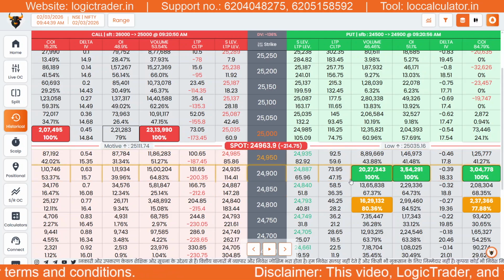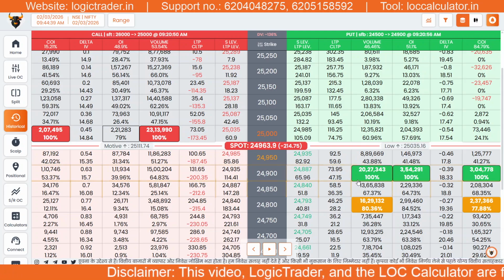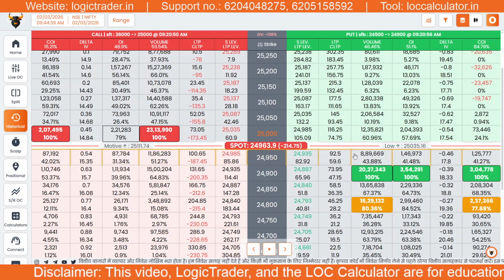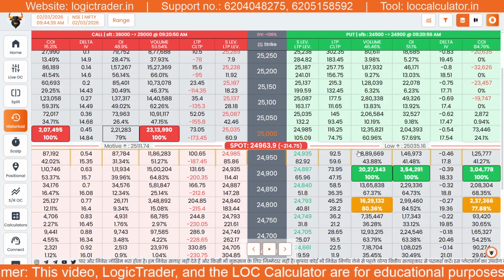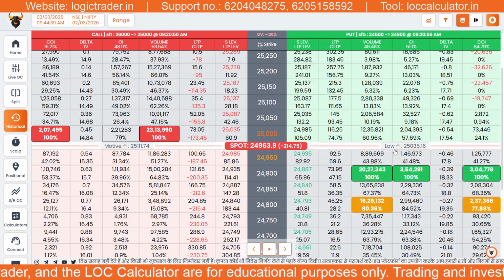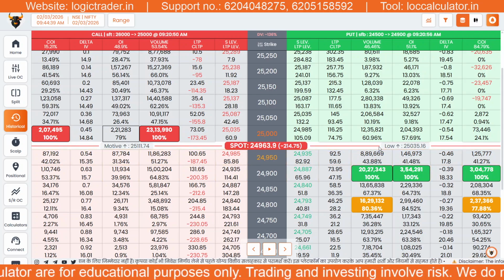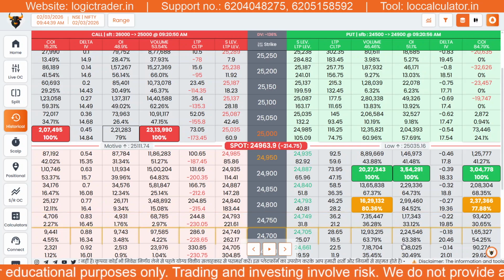If this box appears there, it suggests that heavy trade is happening at that strike, and there is a possibility that the market may divert upward from that point before continuing its move.